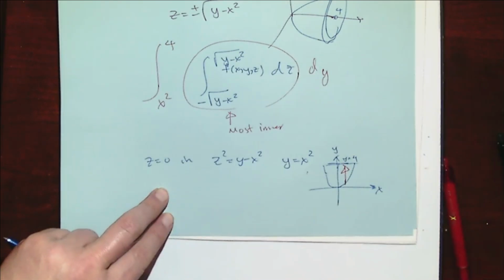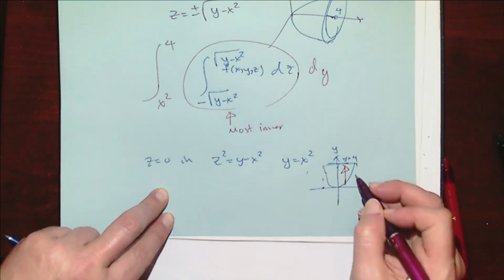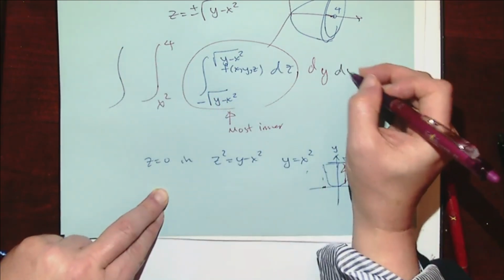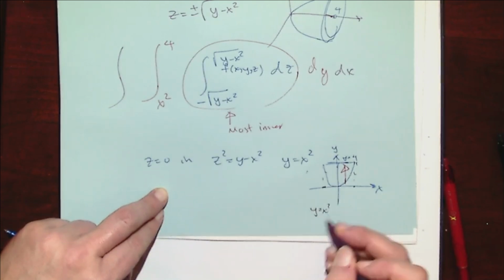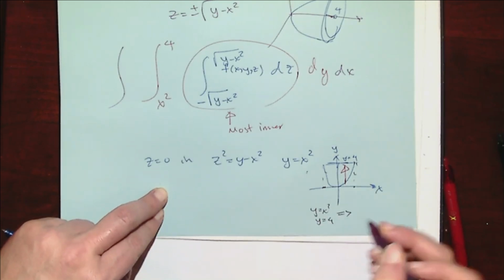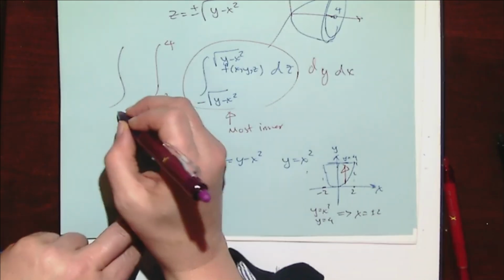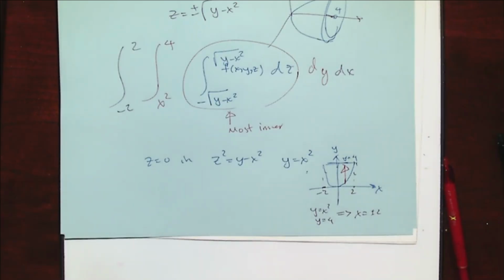Now, who can tell me what x is running from and to? I have to set y equal to x squared and y equal to 4 and compute, x is equal to plus or minus 2. And that's the setup. Questions so far?